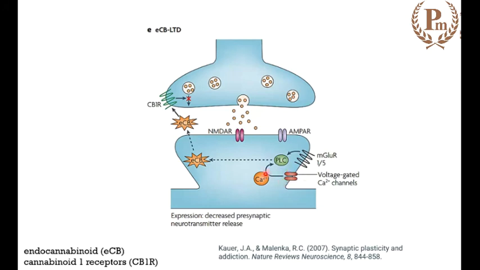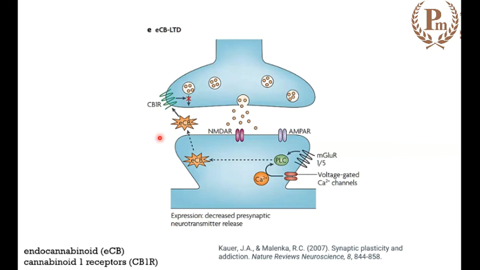So now calcium gets in. Once this calcium gets in, it causes cannabinoids to be produced. Somehow they cause the release of these molecules. They come out of the postsynaptic end and go and bind to the presynaptic terminal. And here, by some mechanism, they inhibit the release of neurotransmitter. And this is how they cause the depression.